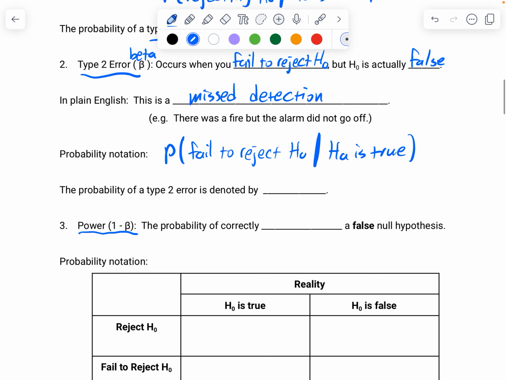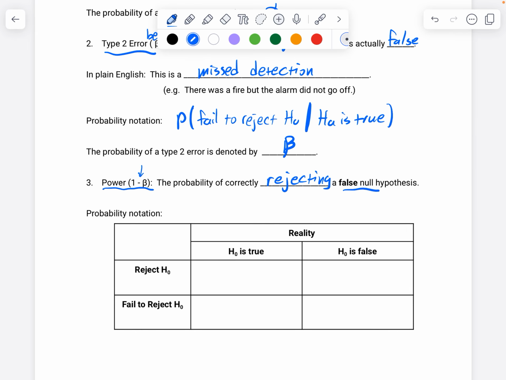The probability of a type 2 error, again, is beta. Now, power is 1 minus beta. It is the probability of correctly rejecting a false null, a false H0.